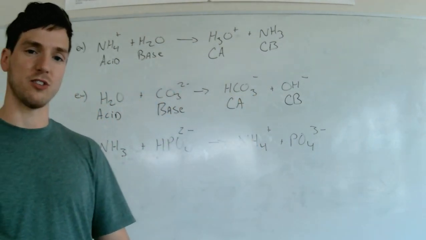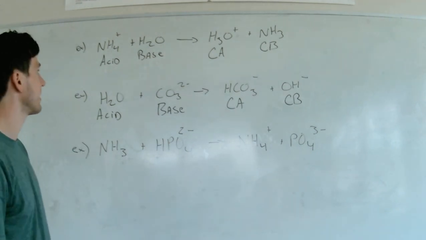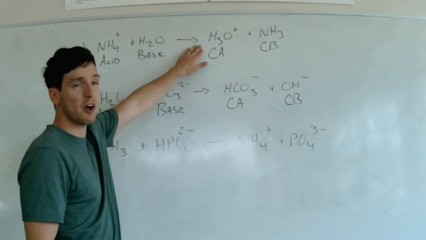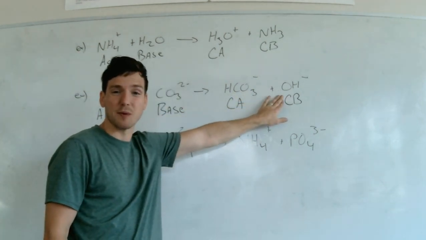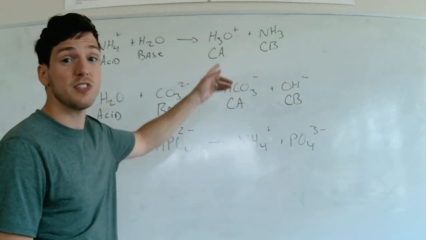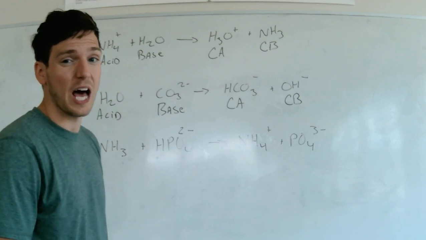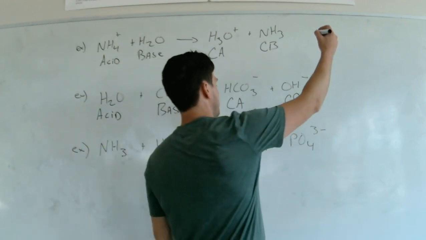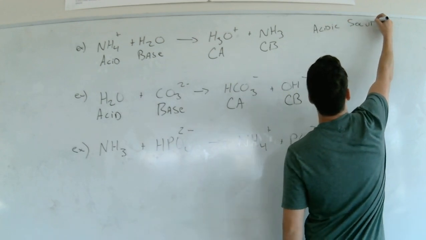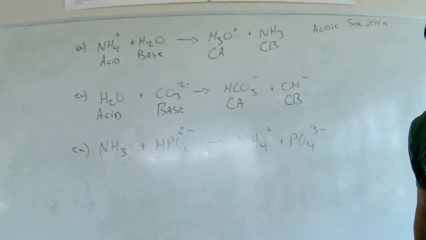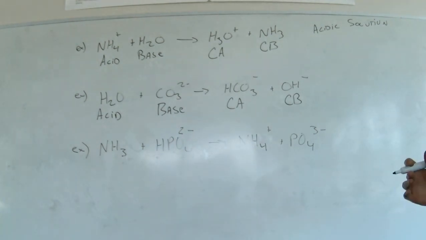Two things about these first two before I go to the third one. If you notice, H3O plus is on the product side here, and OH minus is on the product side for this one. Whenever you see H3O plus on the product side, that means it's an acidic solution.